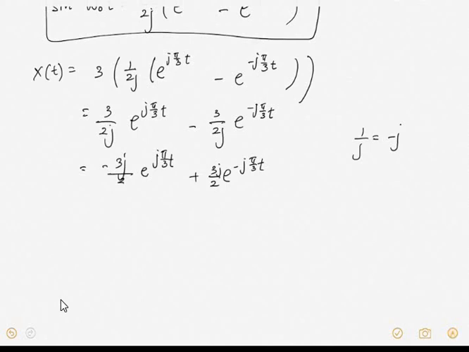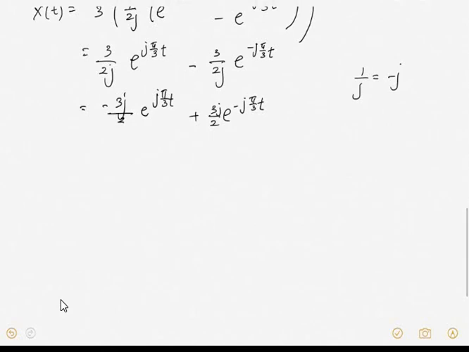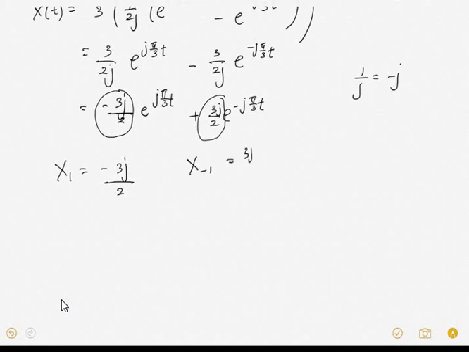This is the expression for x(t), but what is the coefficient? The coefficient is the magnitude. If you look at this one, this is j. It's not real, it is imaginary. So X1 and X minus 1 are imaginary values. So you plot the imaginary: X1 is negative 3j over 2 and X negative 1 is 3j over 2.